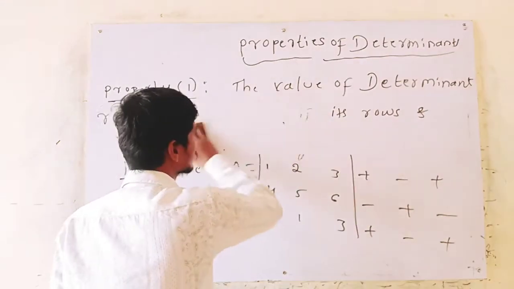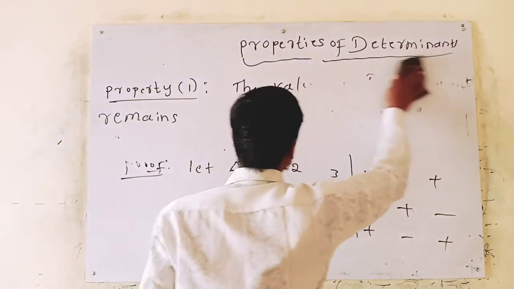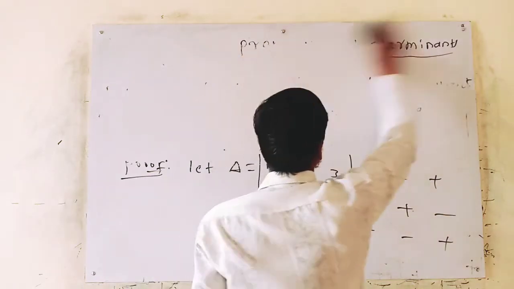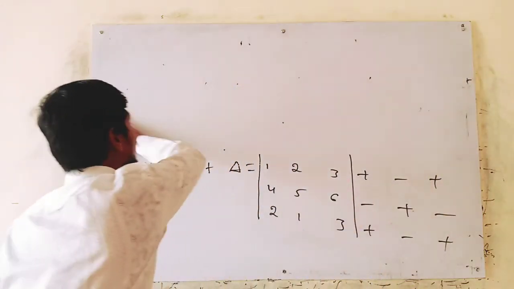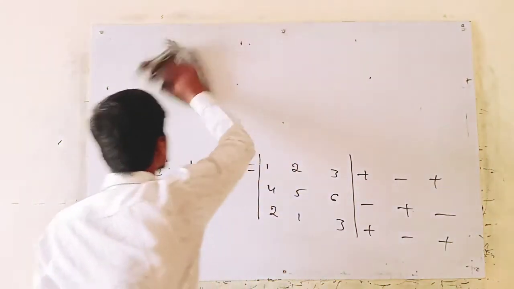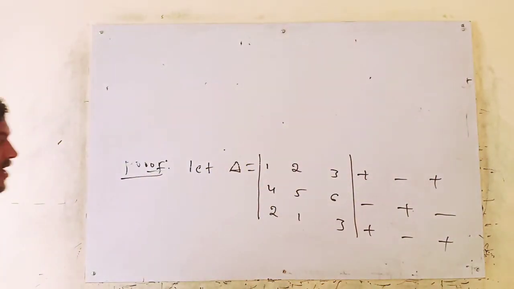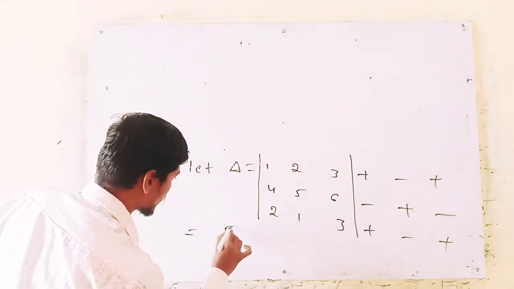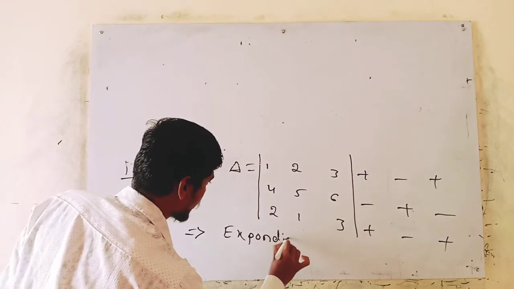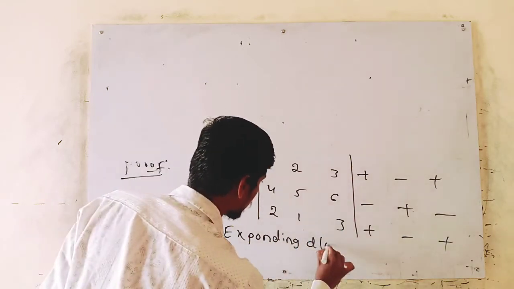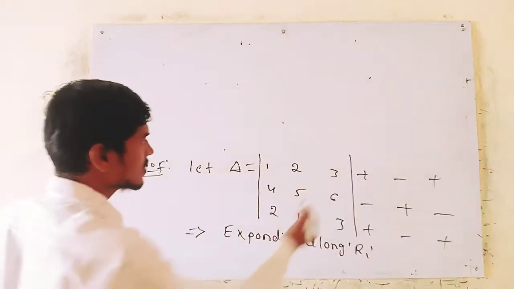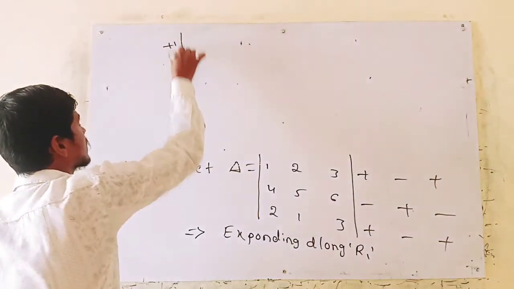For delta, expand along R1. What is your result now? Expanding along R1, that is plus 1.